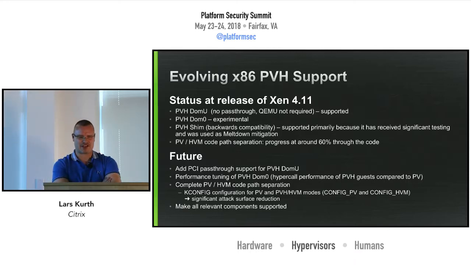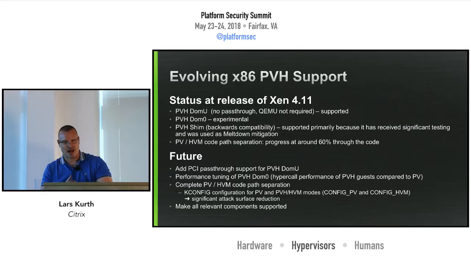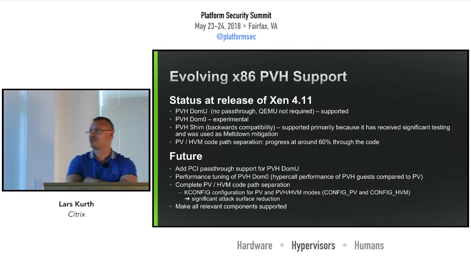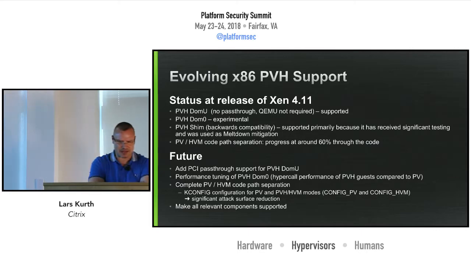There's also the PV-Shim, which we originally started as a way to allow old PV guests to run on PVH, such that we eventually could remove PV. But then it also turned out that it was an interesting possible Meltdown mitigation, so we prioritized development on that.